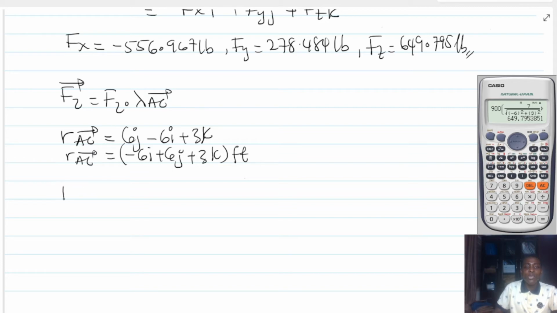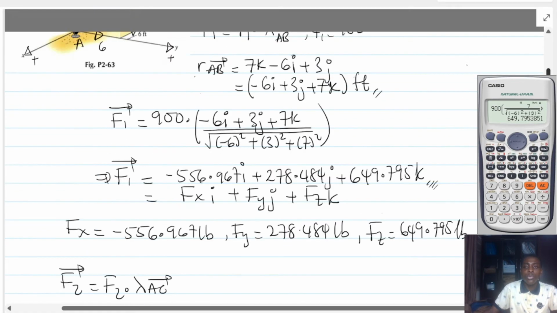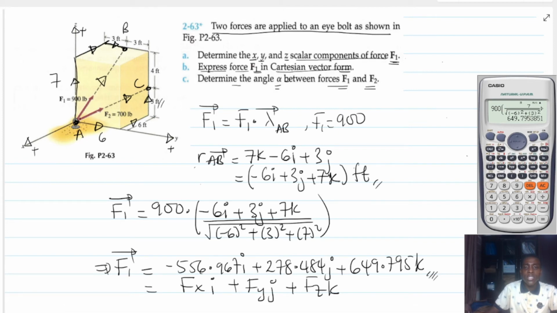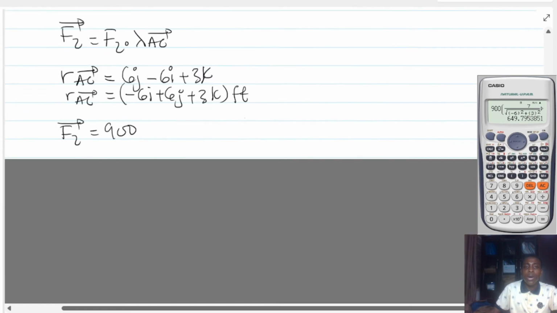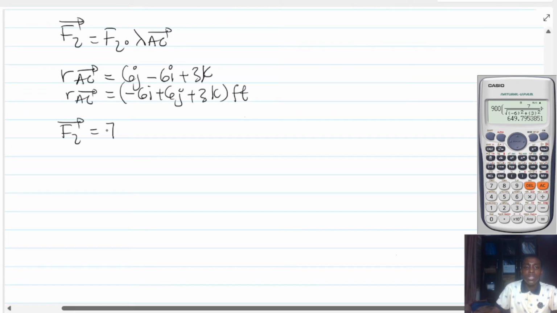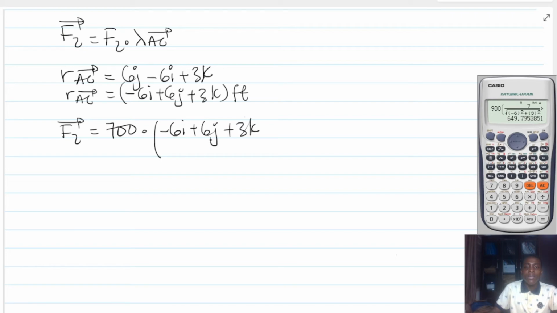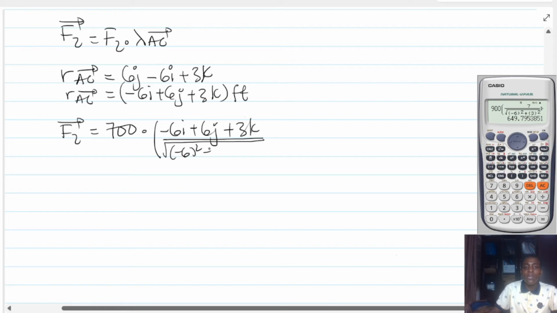It means that if I want to express F2 as a Cartesian vector, don't forget that F2 is 700 pounds. So I will do 700 multiplied by the unit vector, which is the vector divided by its own magnitude, the square root of minus 6 squared plus 6 squared plus 3 squared.